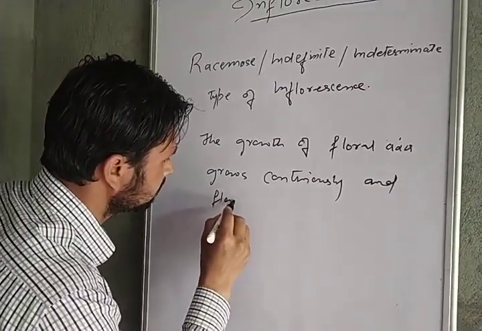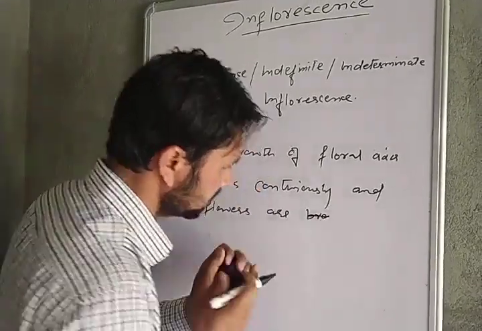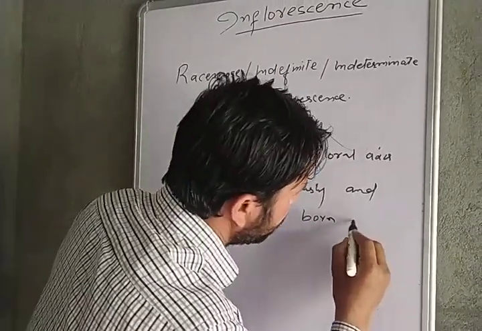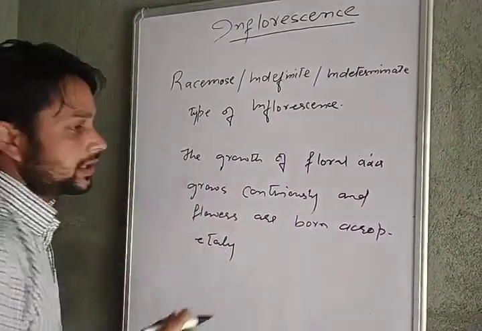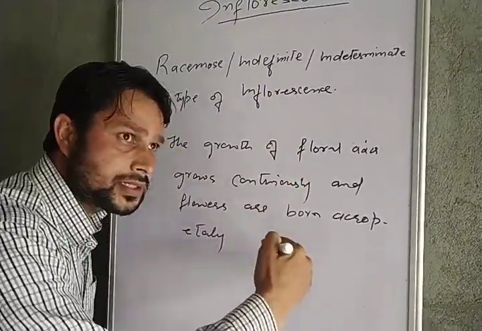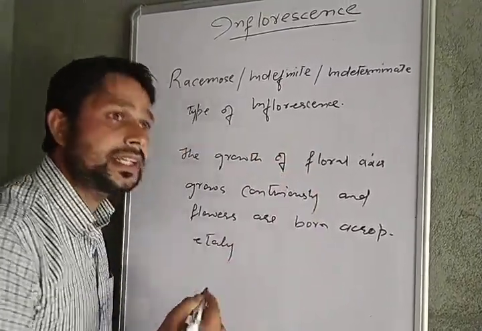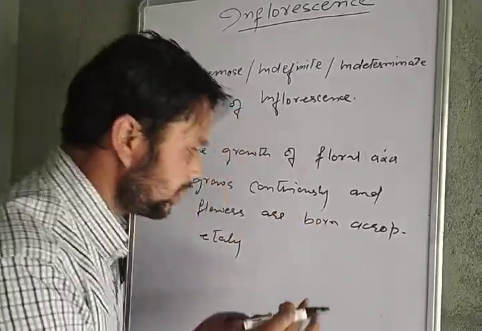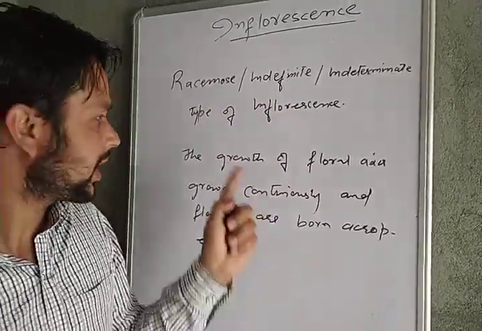And flowers are born acropetally, that means from base towards apex: older at the base and younger at the apex. Or we can say centripetally. Acropetally or centripetally.